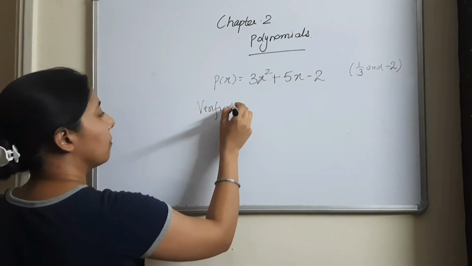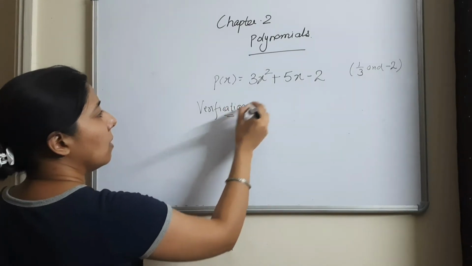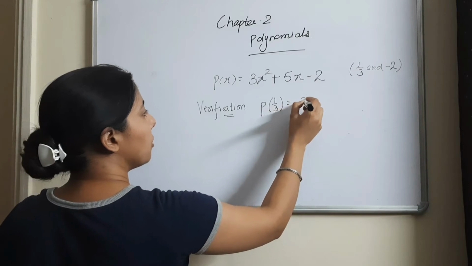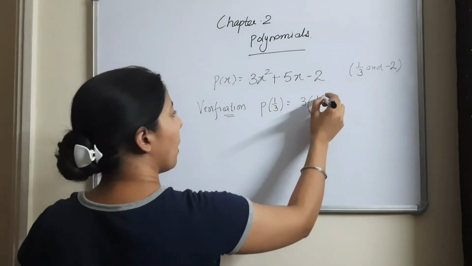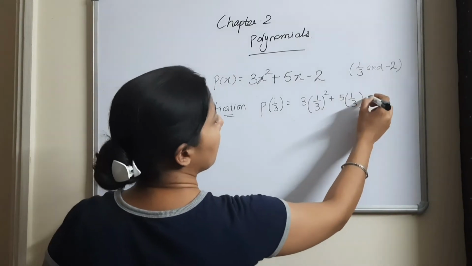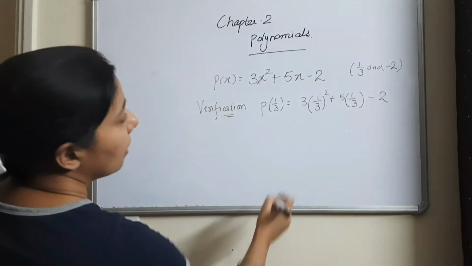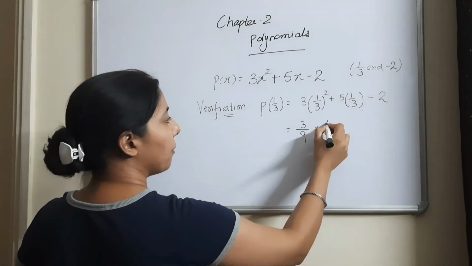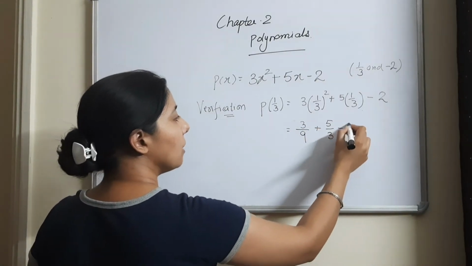Verification. P of 1 by 3, that is 3 times (1 by 3) square plus 5 times (1 by 3) minus 2. Now next will be 3 by 9 plus 5 by 3 minus 2.